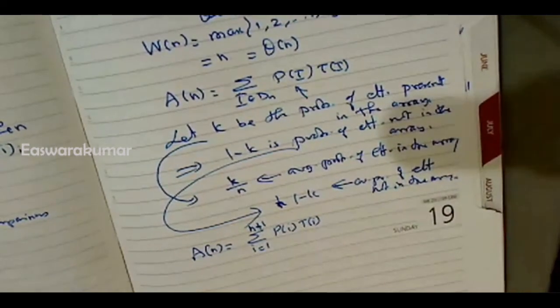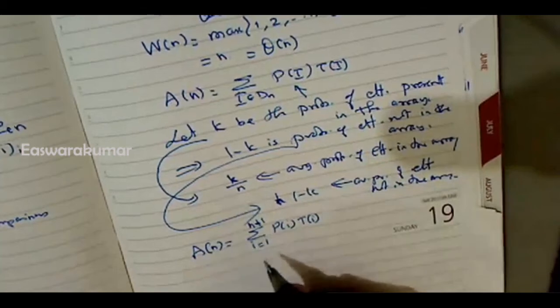For I equal to 1 to n, it means the element is in the array. For I equal to n plus 1, that corresponds to element not in the array. Got it? So n possibilities are there for present in the array and one possibility for element not in the array, so totally n plus 1.